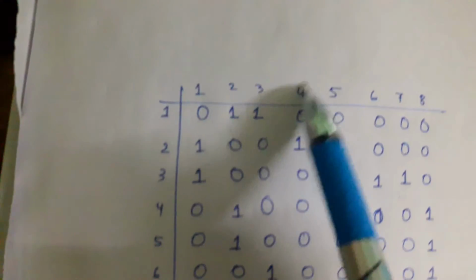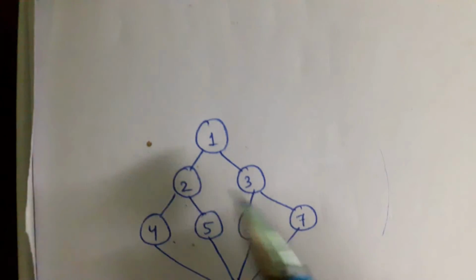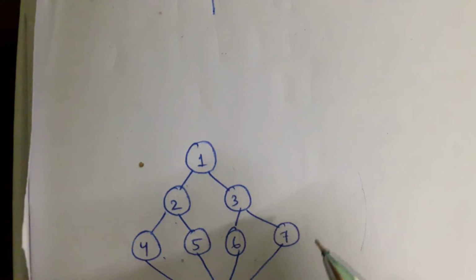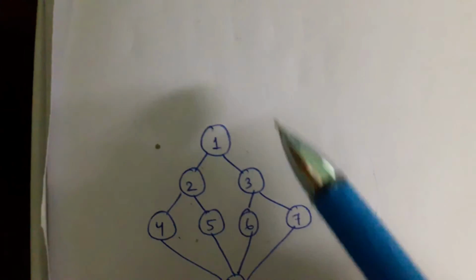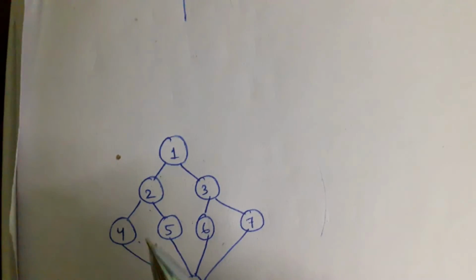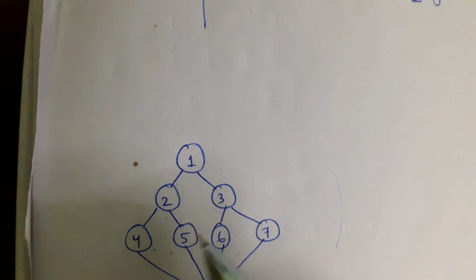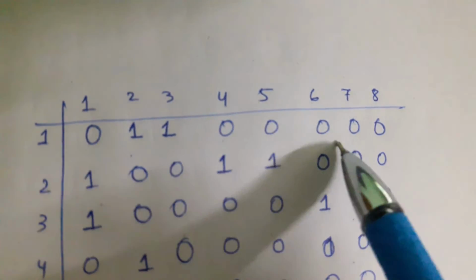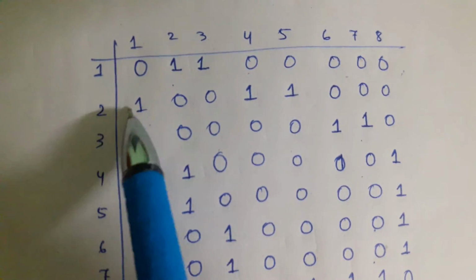From 1 to 3 there is an edge, so that will be 1. From 1 to 4, 5, 6, 7 or 8, there is no edge, so all other cells are 0.